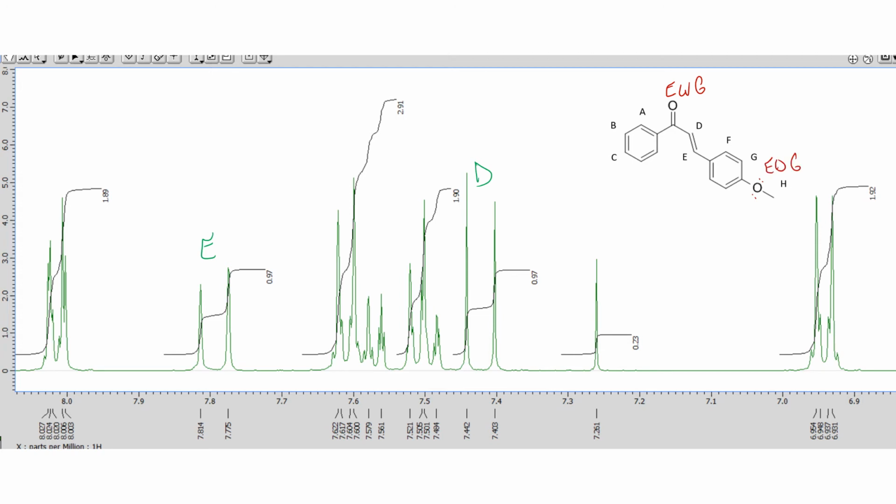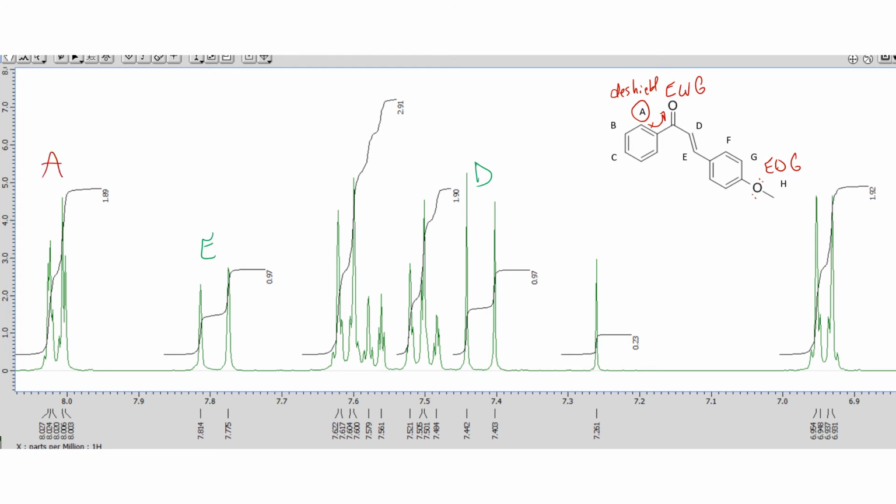So that means that the hydrogen on the carbon closest to the electron withdrawing group, which would be A, is going to be more de-shielded because the electron density is pulled towards that electron withdrawing group. So we would go, okay, so farthest to the left then would be A over here.